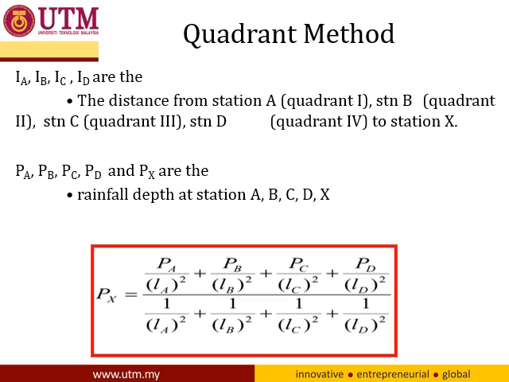Okay, so we showed you the most simple method, the arithmetic average method, and then the normal ratio method. So we also have this quadrant method. It's quite similar to the normal ratio method, but here it has the information of the distance from the station.